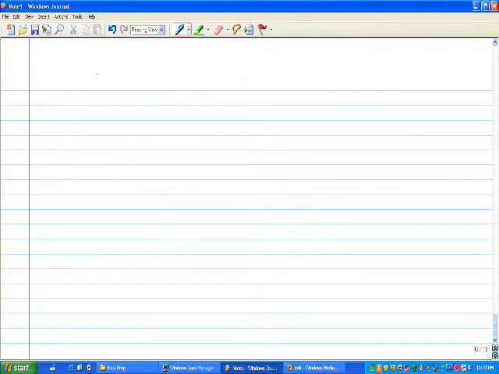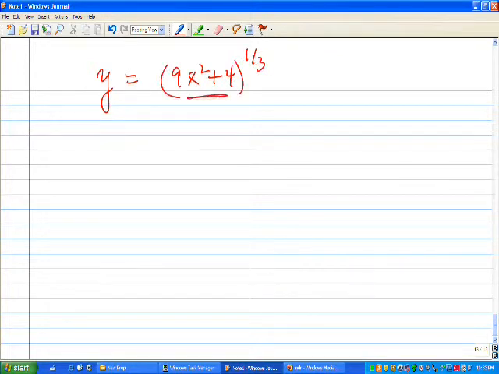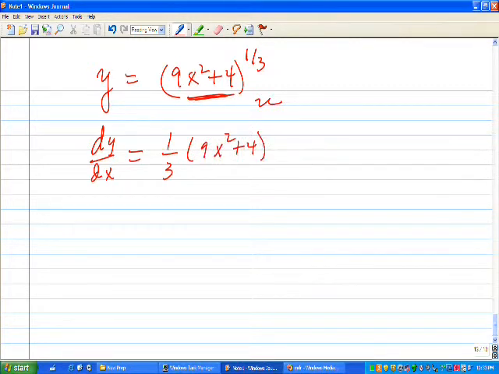Let's take another example. Suppose we had y equals 9x squared plus 4 to the 1/3 power. Again, this is not plain old x, so we'll call it u and take dy/dx is equal to 1/3 times 9x squared plus 4 to the minus 2/3, and then multiply it by du/dx.